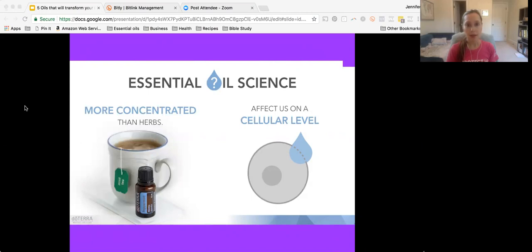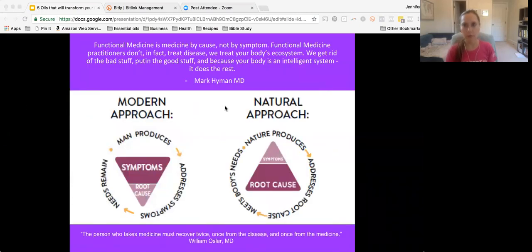Now, this dives a little deeper into how essential oils really fit into that functional medicine model. When we look at a modern approach or conventional medicine, it's addressing the symptoms, right?